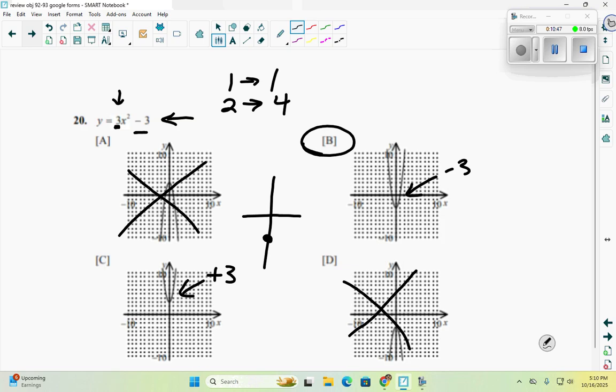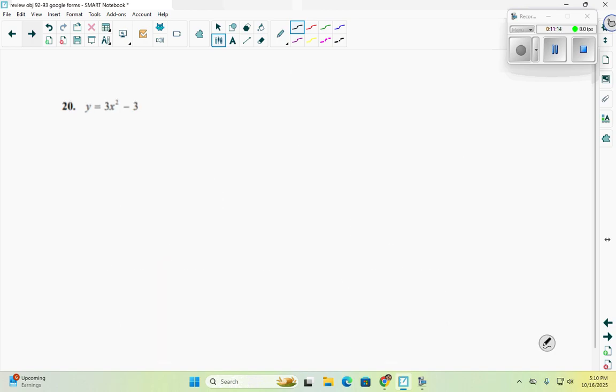But now there's a 3 there, so I have to times this by 3 and times this by 3. So I'm going to go over 1, and then up 1, 2, 3. Over 1, up 1, 2, 3. And this is the graph that we're looking at, which fits us. So there's your B. That's from the beginning of the notes that we did. Next one.